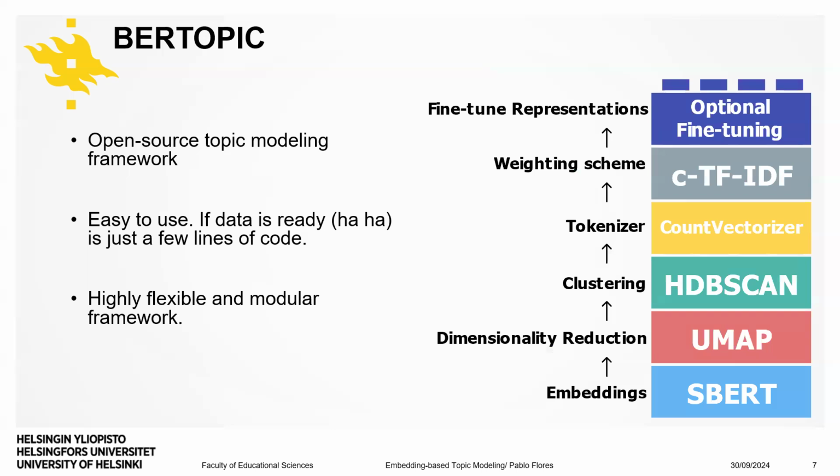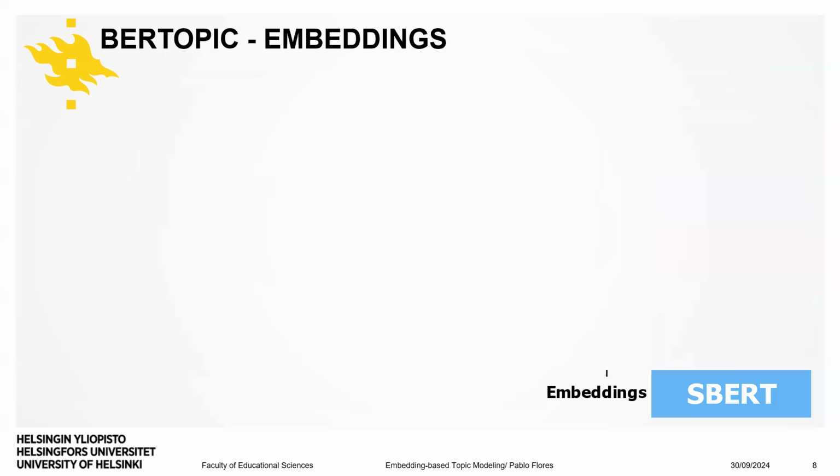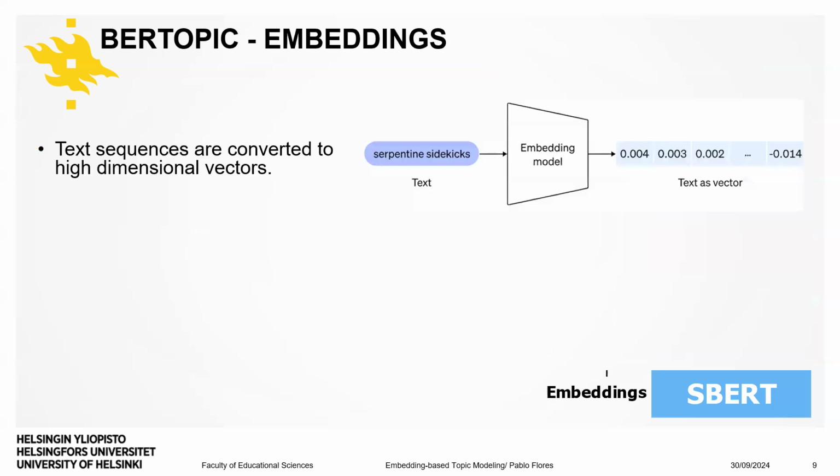So first, we start with the embeddings, our first step, which is where the current magic is happening, where we take text sequences and convert them into numerical vectors, a high-dimensional numerical representation of these texts or documents.